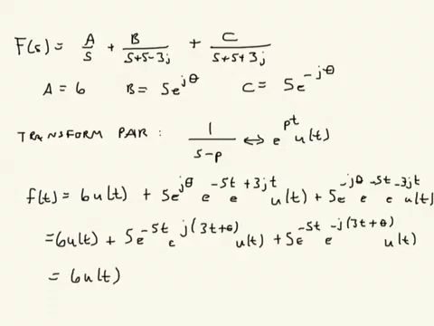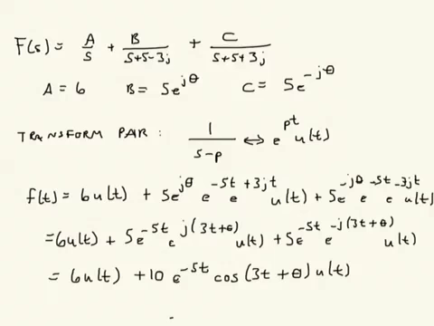6u of t plus, now we have to have plus 10, right? Because the definition of cosine is e to the j omega t plus e to the minus j omega t over 2. Okay, so we have to multiply by 2 here, and we've got 10e to the minus 5t cosine of 3t plus theta, u of t. That is our equation, and we know what theta is.